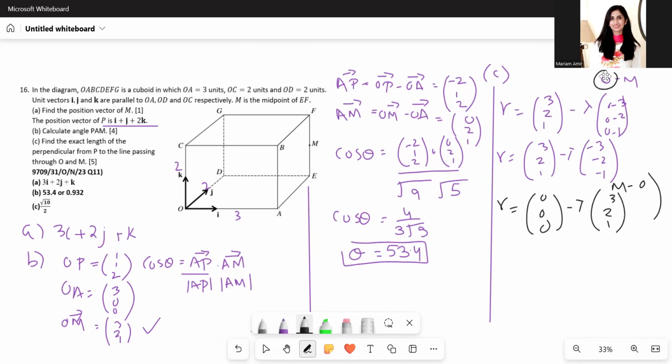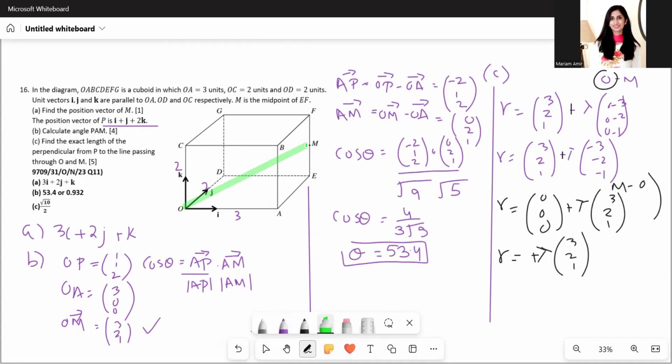So this is a lot simpler version. Both will give you the correct final answer, but I'm sticking to this one. So it will be lambda times 3, 2, 1. Oh, sorry, this was a plus. Why am I writing minus everywhere? This is a plus. That's a plus. Sorry. Okay, so that's the vector equation for the line passing through OM.